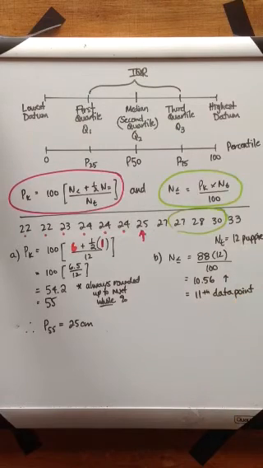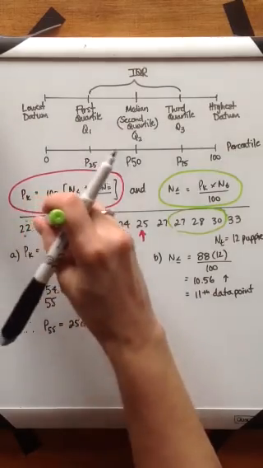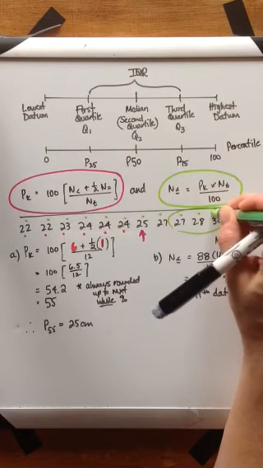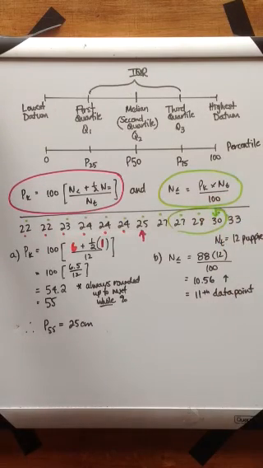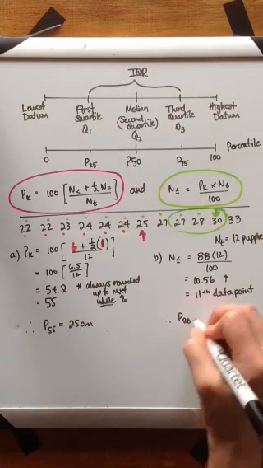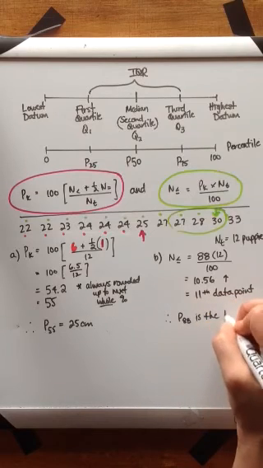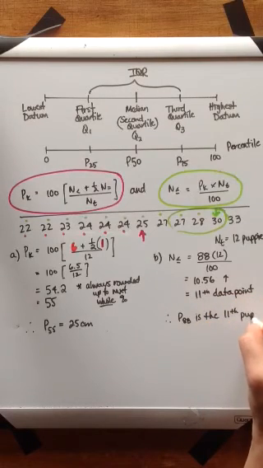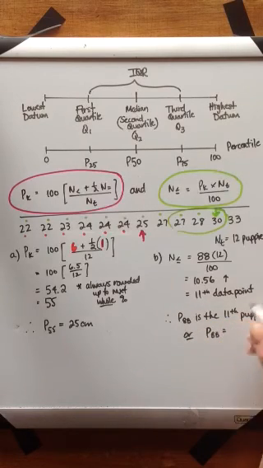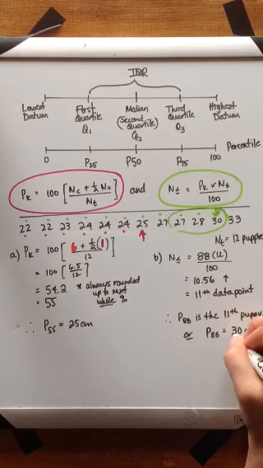So counting from the left, if we go 1, 2, 3, 4, 5, 6, 7, 8, 9, 10, 11, the puppy that has a length of 30 centimeters is the puppy that is represented in the 88th percentile of this data set. So we can say, therefore, P88 is the 11th puppy, or we could simply say P88 is equal to 30 centimeters.